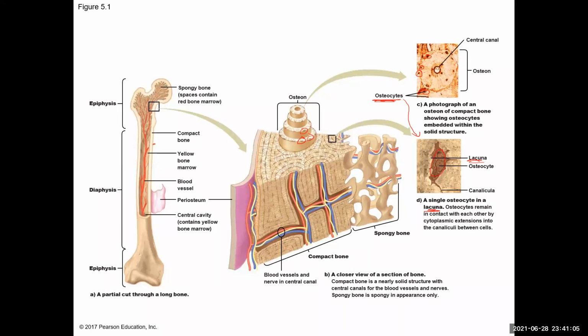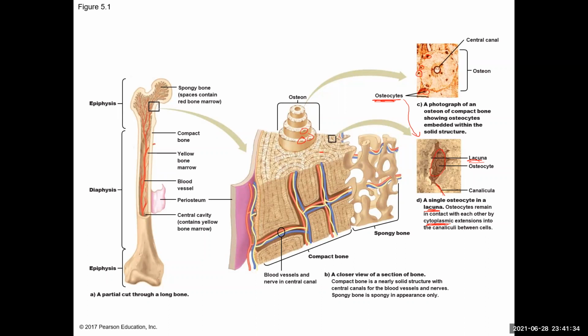Now, each osteocyte connects to one another through these cytoplasmic extensions into these spaces in the bone matrix. And those cytoplasmic extensions are these connecting lines between the dark osteocytes. Right?